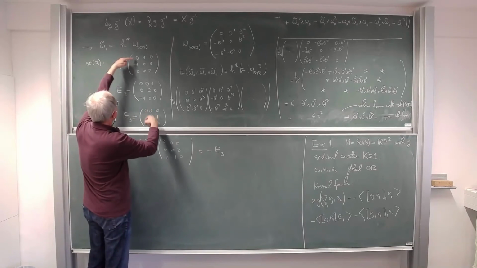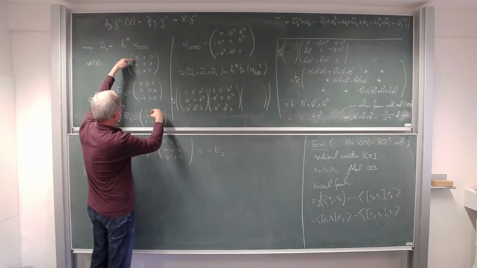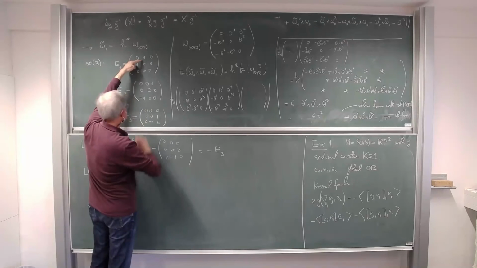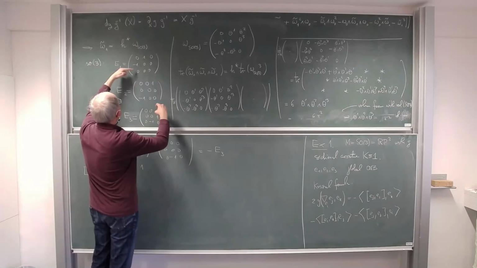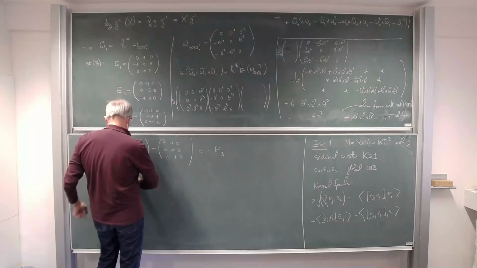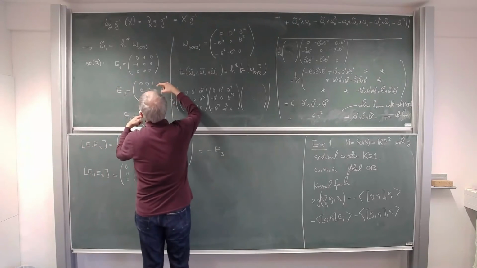And similarly, so now let's see this one. 0, 0, 0, 1, and 0, 0. This should all be zeros. 0, 0, 0, minus. Now the other way around.